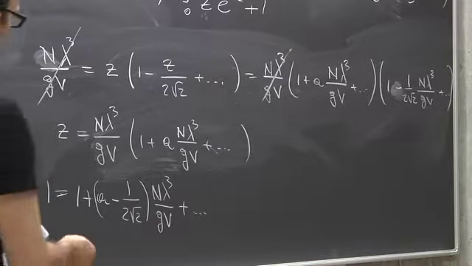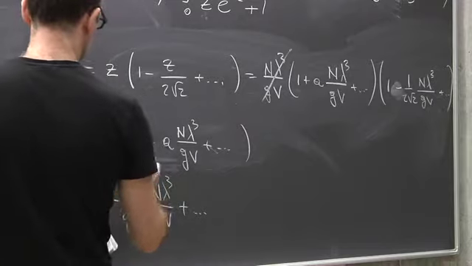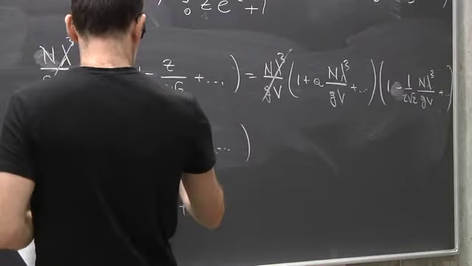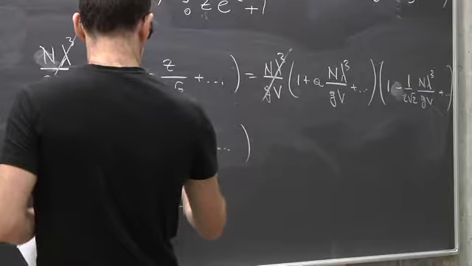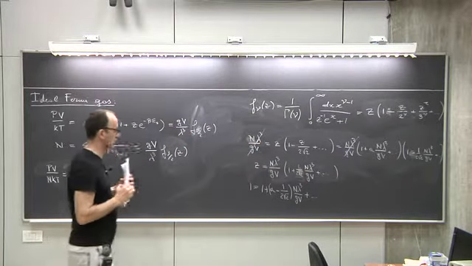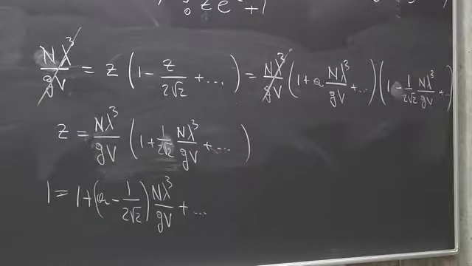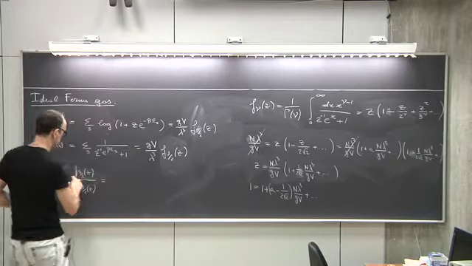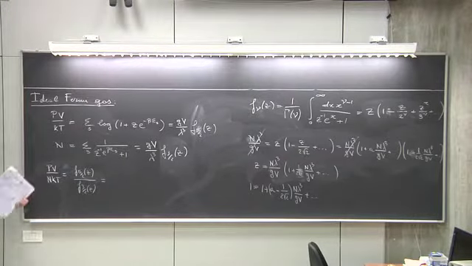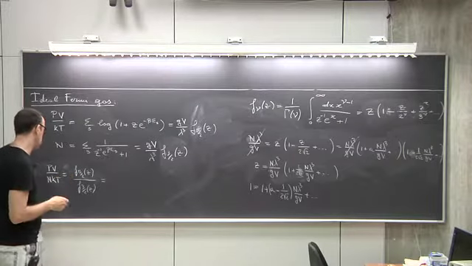So we have found z as a function of n at high temperature or low densities, and with this we can compute, for example, the equation of state at high temperatures.